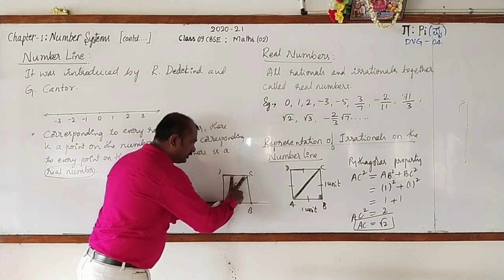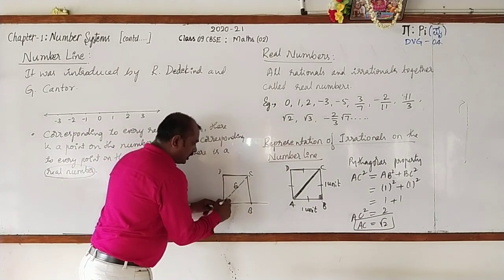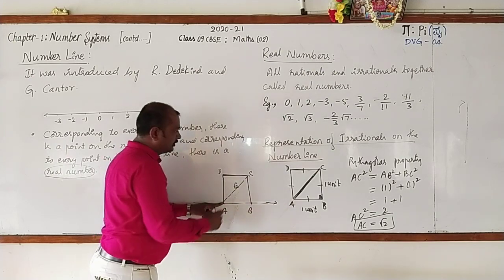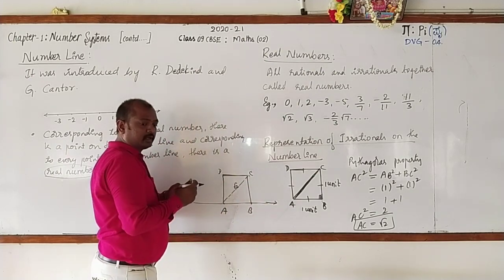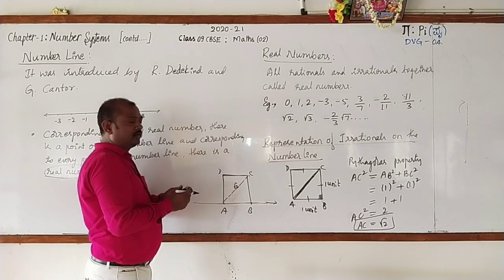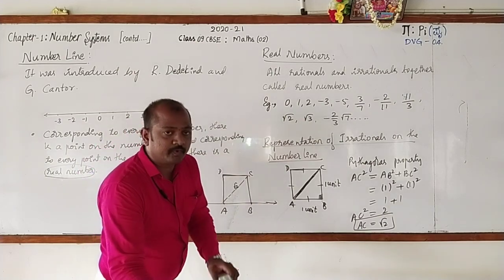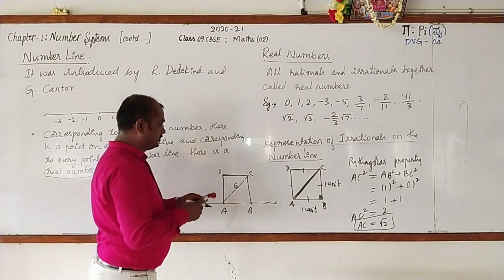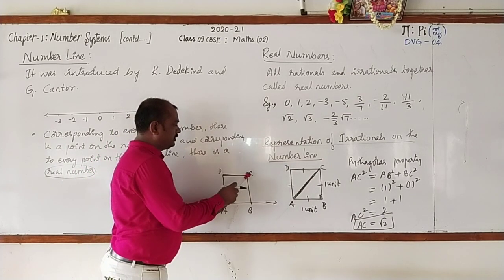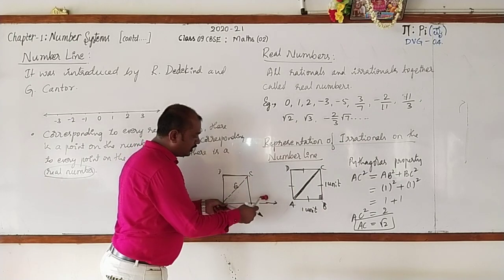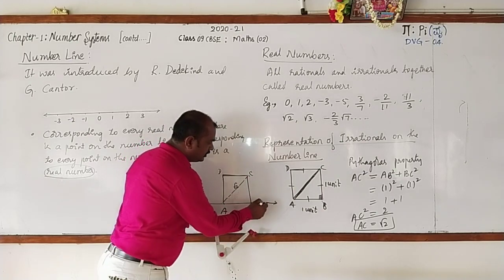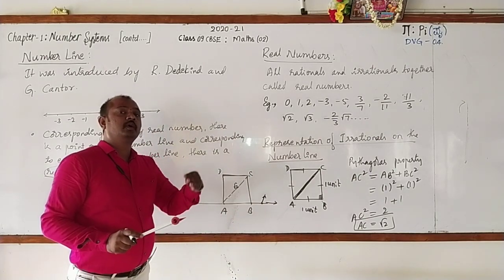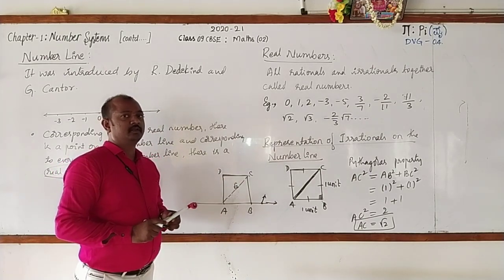Can we mark the length of AC on this number line? Yes, but how are you going to mark? Will you take a scale? No need. You can use the compasses like this. You take it in this way, and when you draw an arc, it ends here, you can mark. So this point will be root 2 on the number line.